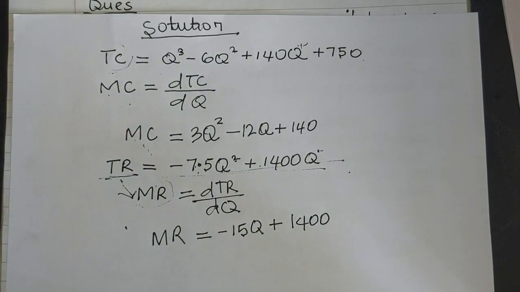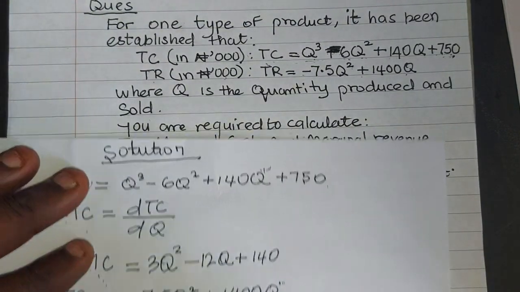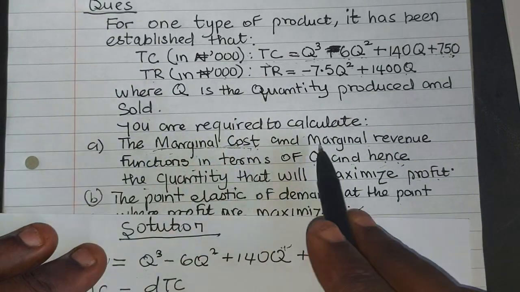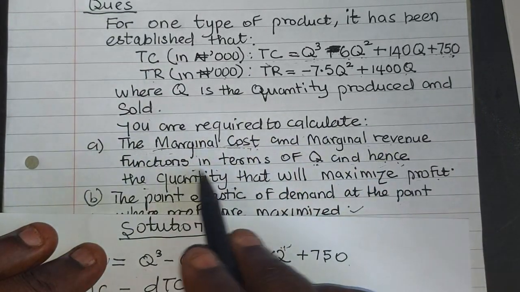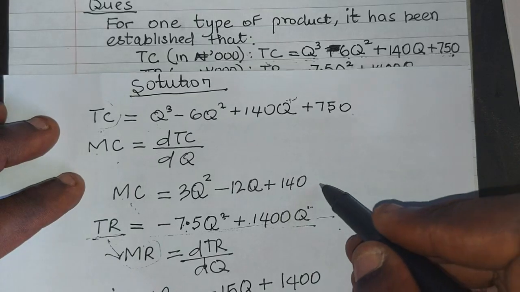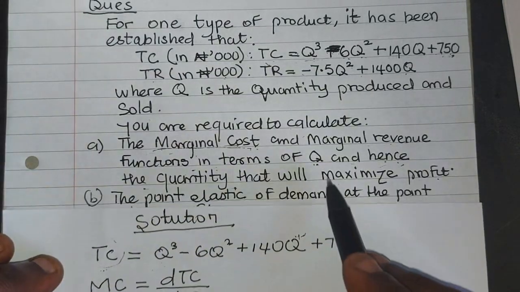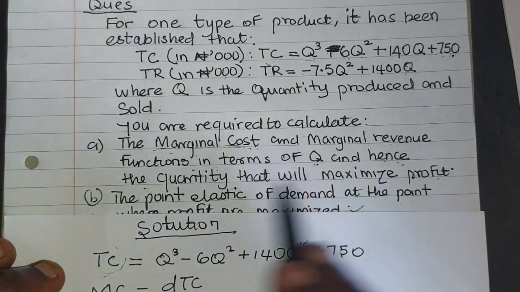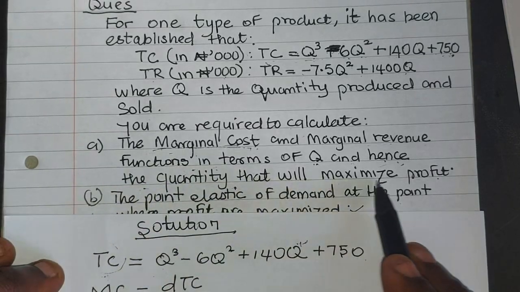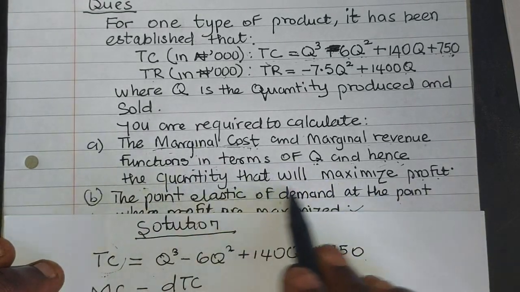Now the marginal revenue and the marginal cost functions have been determined, which are these two. Then we are asked to find the quantity that will maximize the profit.